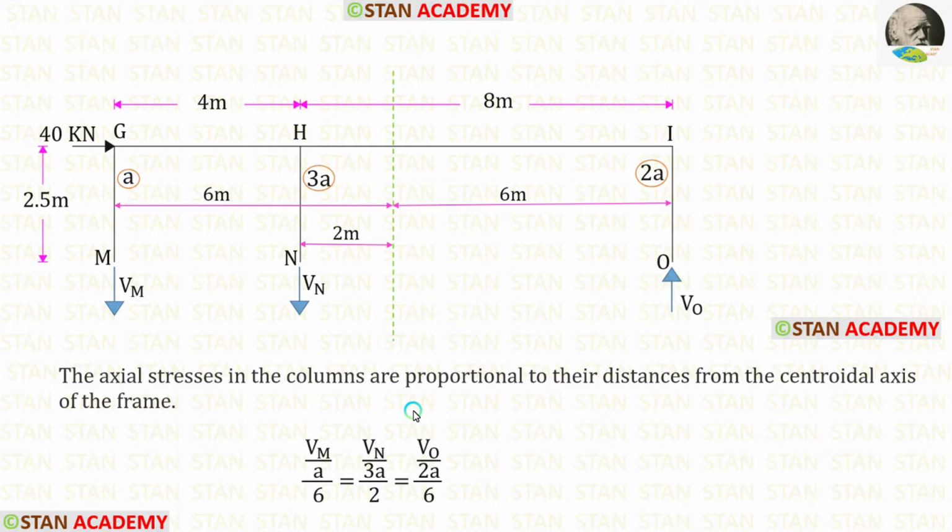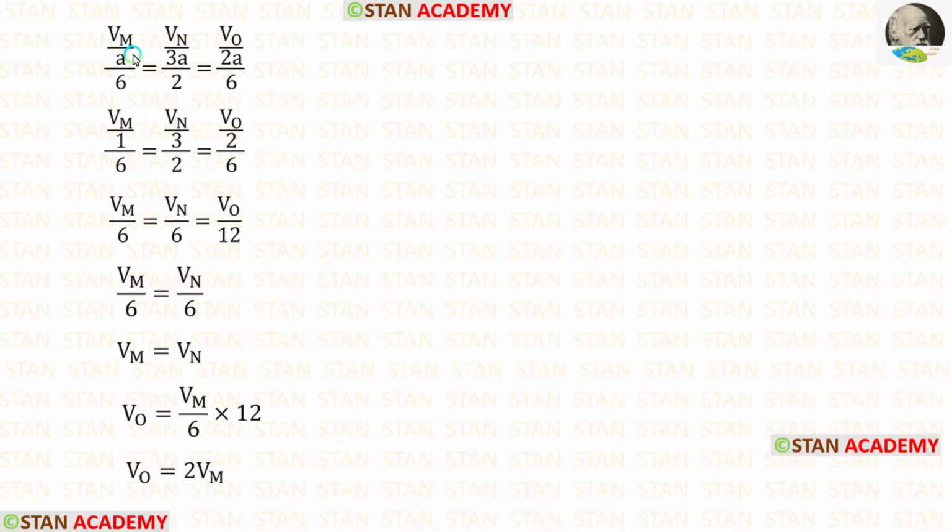Now let us apply the centroidal distances. For the member GM, it is 6. For the member HN, it is 2. And for the member IO, it is 6. We can eliminate area. 1 into 6, we will get 6. 3 into 2, we will get 6. 2 into 6, we will get 12.